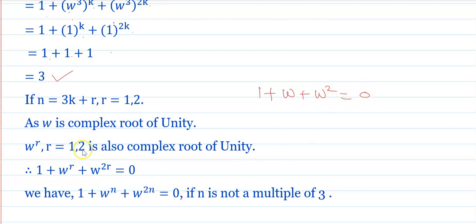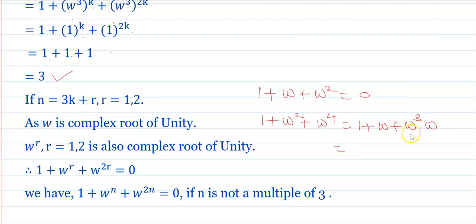If you take r is equals to 2, first is 1. R is 2 means omega square. Next, 2 into 2, omega raised to 4 means what? Omega raised to 4 can be written as omega cube into omega.